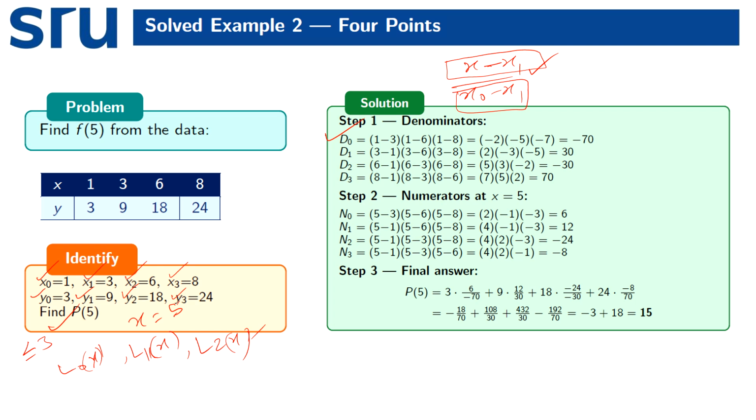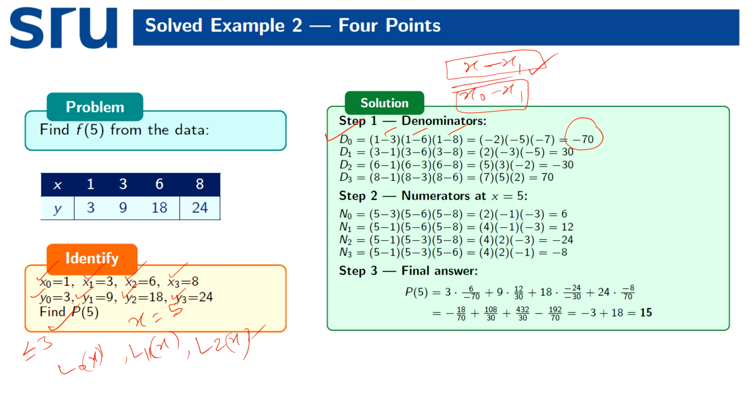So d0, the first denominator, is x0 minus x1, x0 minus x2, x0 minus x3. So the answer will be minus 70 here, keeping the denominator separate.